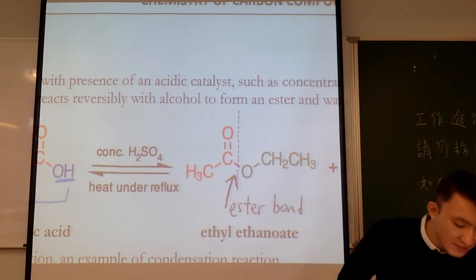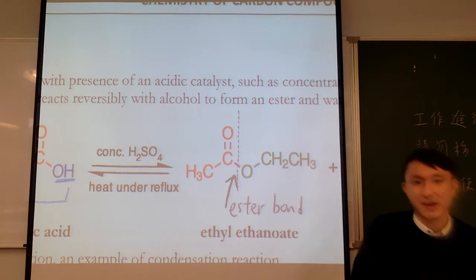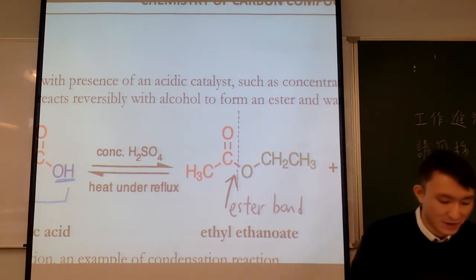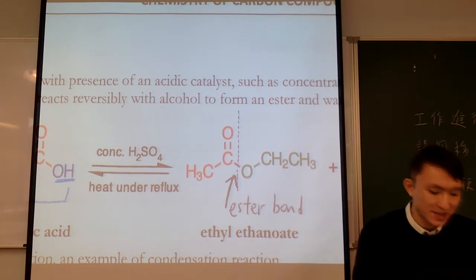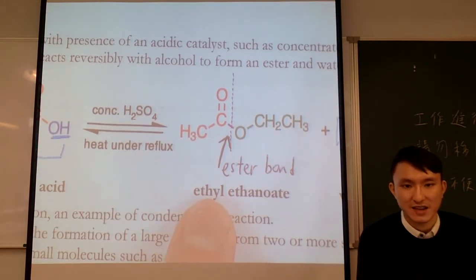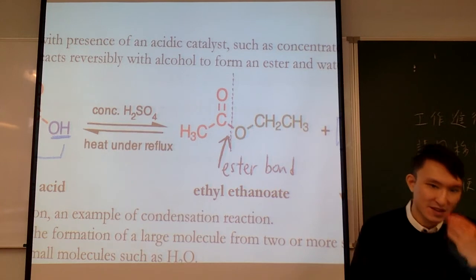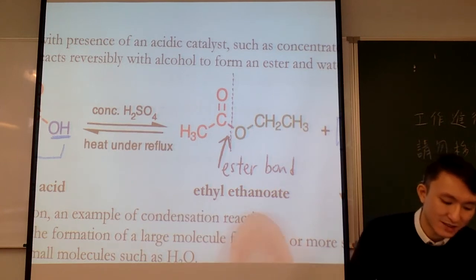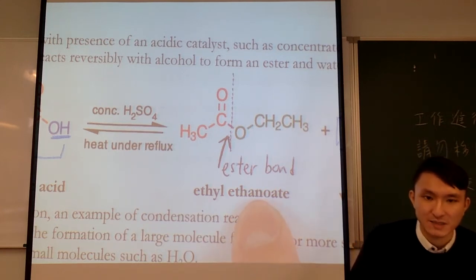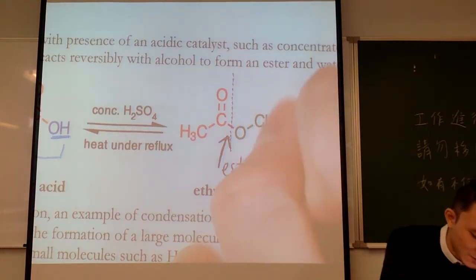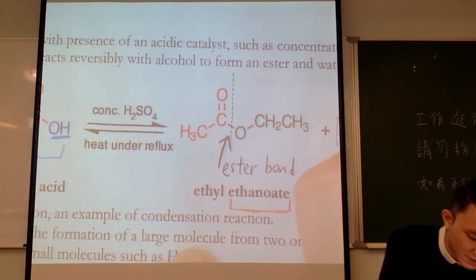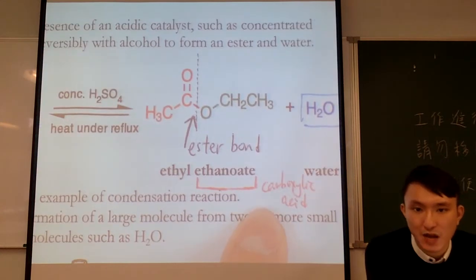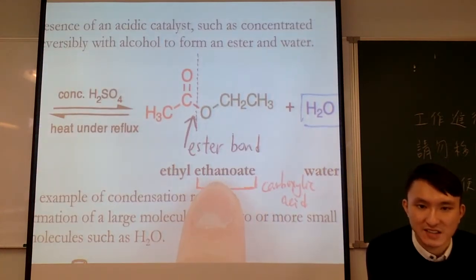Okay? Now the second thing is, when you name this compound, you see the name has 2 parts, ethyl ethanoate, okay? So the latter word here is based on the carboxylic acid. So this part is based on the carboxylic acid. Okay, so if your carboxylic acid has 2 carbons, then we will call this one ethanoate.